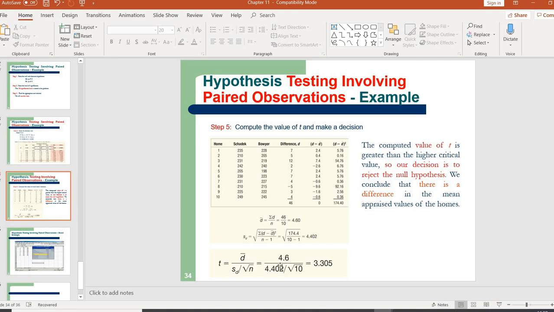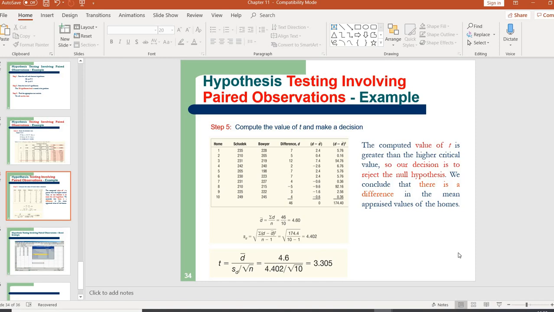We will have 4.6, this d bar, divided by the standard deviation 4.402 divided by square root of n, 10, and we will have a t statistic of 3.305.